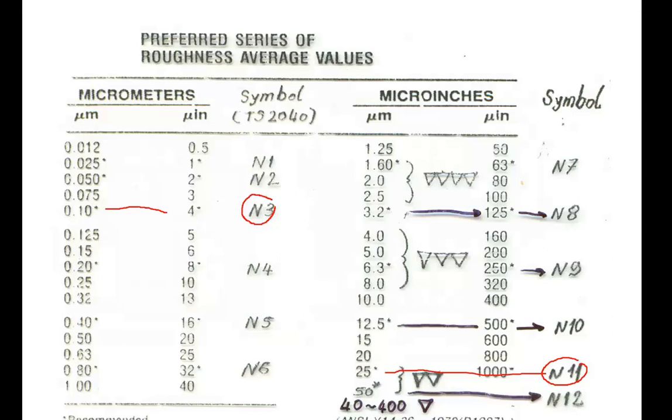Why do triangles correspond to a range? Because using the finger test, one cannot specifically say that roughness is equal to this or that. One can only qualitatively say that roughness is in this range. And you see in the old format, the highest quality, corresponding to the smallest roughness value, was shown with 4 triangles.